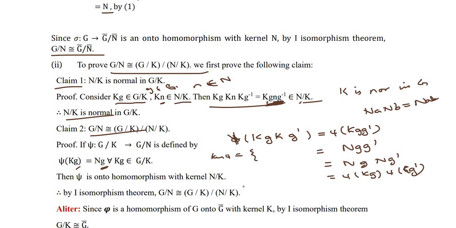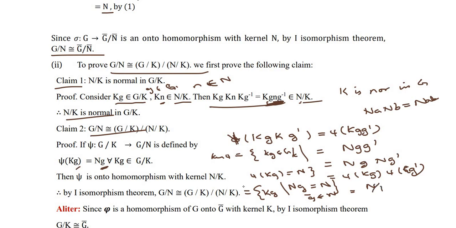It is all those elements Kg in G mod K for which psi of Kg is the identity element of the codomain, which is N. So it is all those Kg in G mod K for which psi of Kg, which is Ng, equals N. This implies that g belongs to N. So this collection can only be N mod K. So we have psi is an onto homomorphism with kernel N mod K.